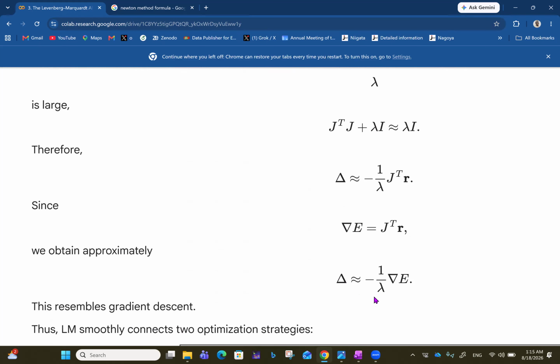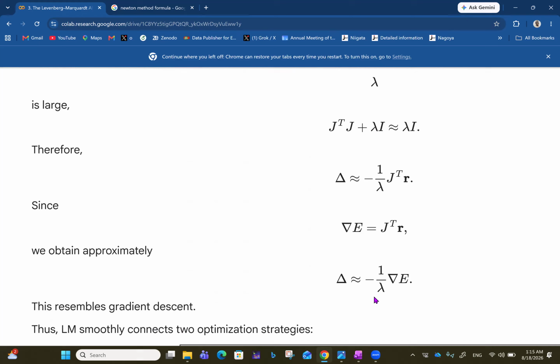So you see a switch between gradient descent and the Gauss-Newton method, depending on the size of the damping parameter. A small damping parameter makes behavior similar to Gauss-Newton, while a very large lambda makes the LM algorithm behave like gradient descent.